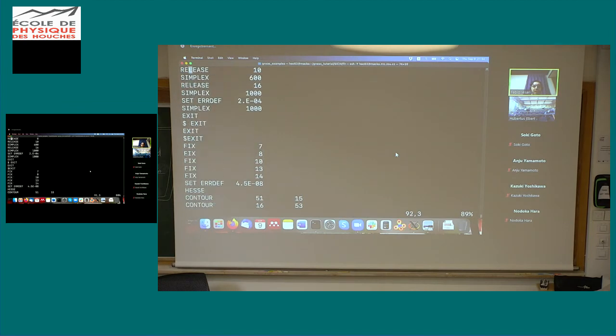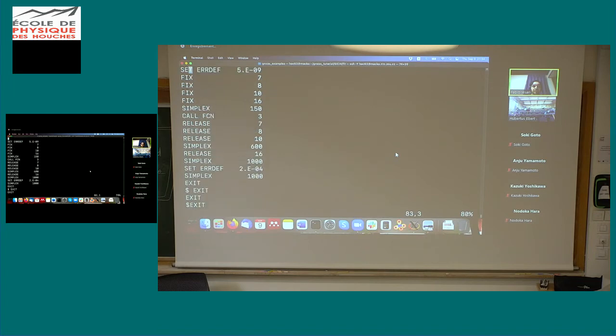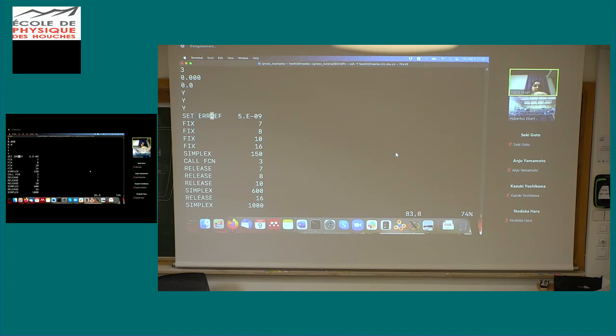So these are command files of this old CERN library that we use. Basically, set error def is to define the minimal error that we want to reach.